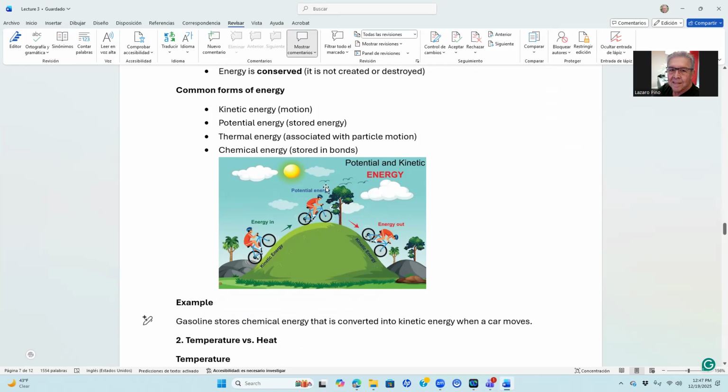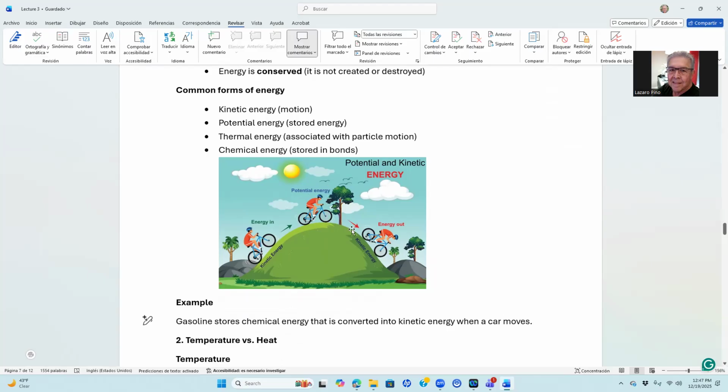But when he's at the top of the mountain, the energy is mainly potential energy because it's stored and depends on the altitude, on the height of this boy.